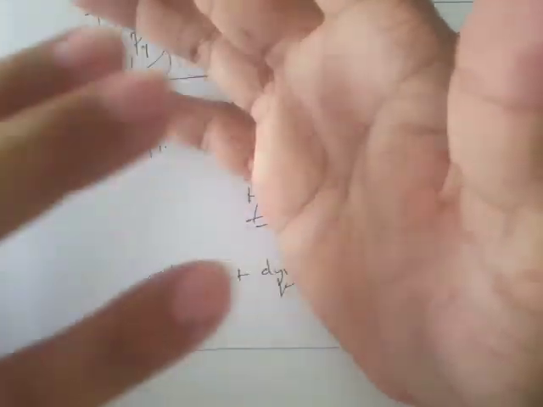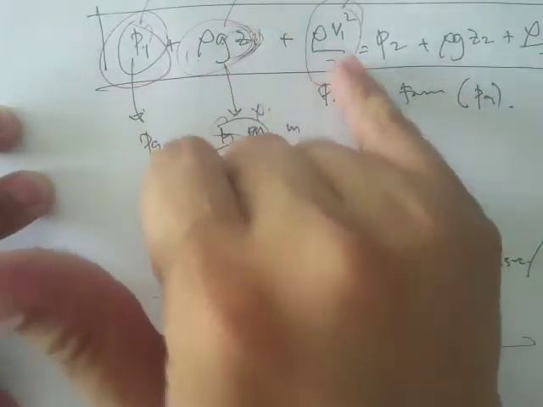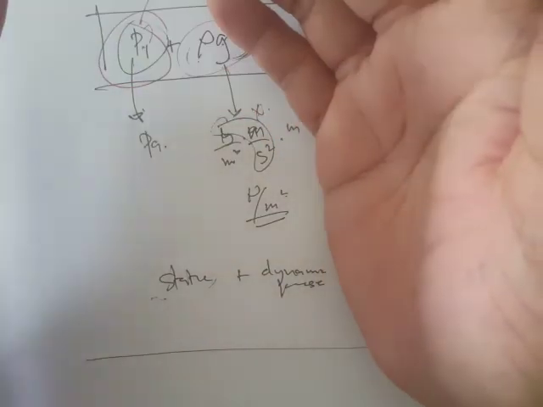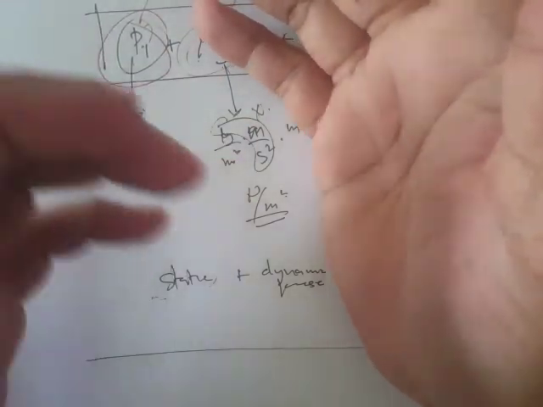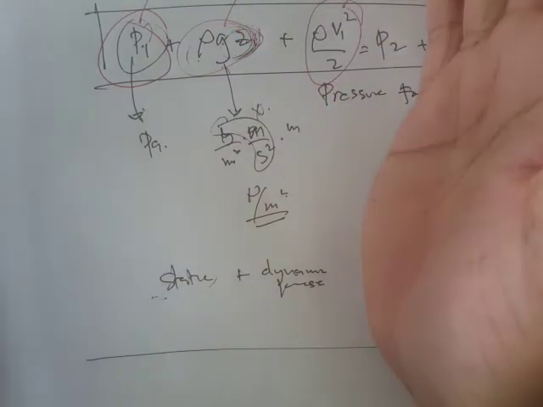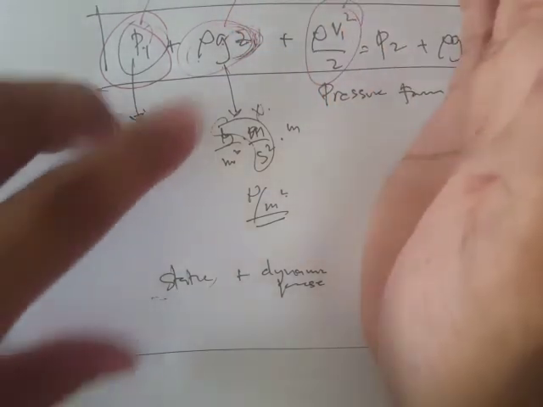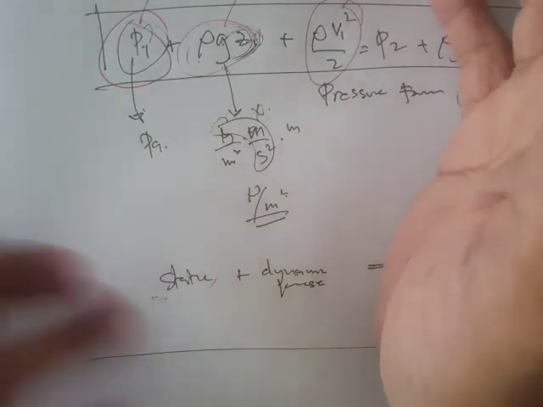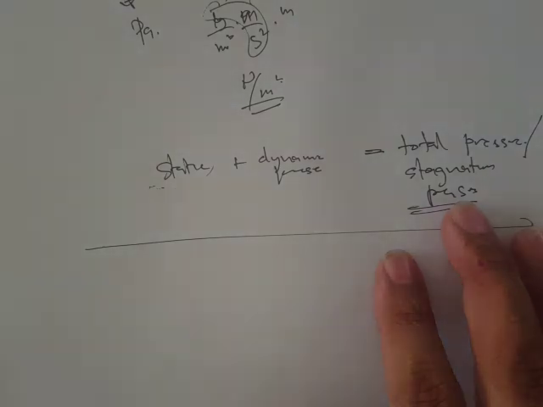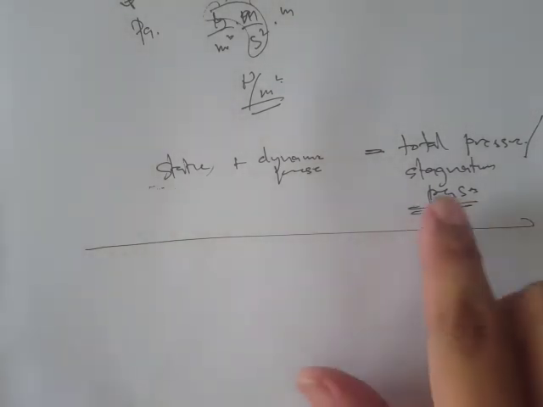Because of the presence of the fluid, there's going to be a force exerted on your surface or on your hand. But if the air is being blown, let's say there's a blower right beside my hand, because of that motion of the fluid, there's going to be an additional pressure. That's the dynamic pressure. And the sum of the static and the dynamic pressure is called the total pressure.